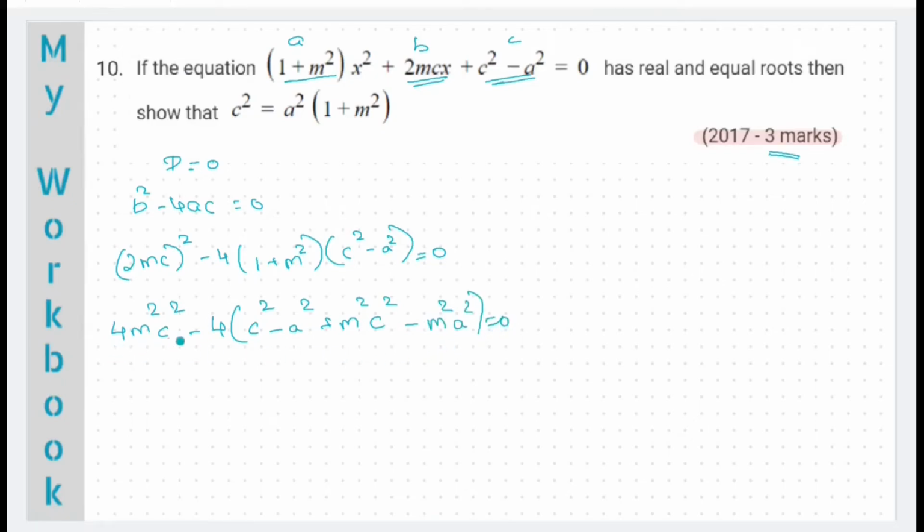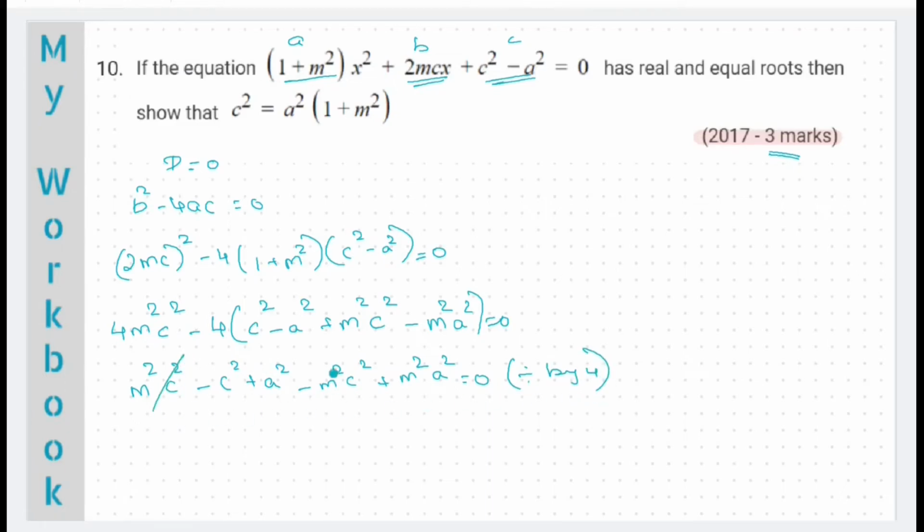So 4 is common. Let's divide it by 4 throughout. You will have m square c square minus c square plus a square minus m square c square plus m square a square equal to 0. I've just divided the entire equation by 4.